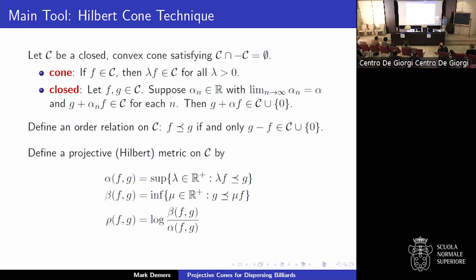You can see it's projective because if you multiply f or g by, say, you take 2f instead of f, it doesn't change this ratio. So any multiple of f will give the same distance to g. And in fact, if you choose g equal to a multiple of f, you get a 1 for the ratio and 0 for the distance. So it quotients along lines.